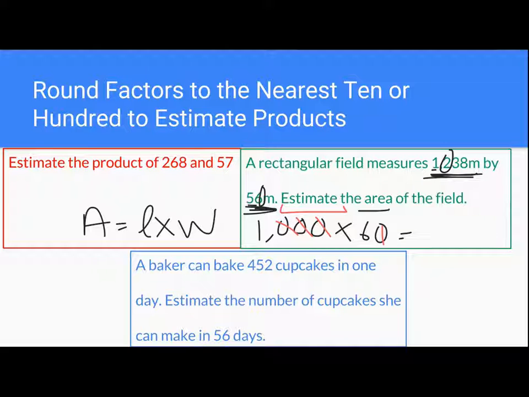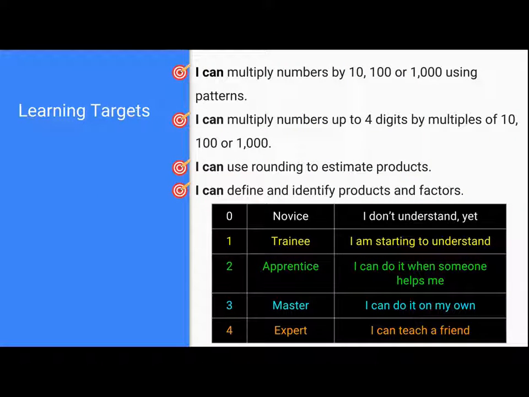I get rid of the zeros to make it super easy. I multiply my whole numbers first that are not zeros. 1 times 6 is 6, but now I have to add back in all the zeros I crossed out. 1, 2, 3, 4. 4 zeros I need to add back in. So the estimated area of the field is 60,000. 60,000 what? Meters squared. Reassess yourself right now on your learning targets. How do you feel on each of these skills?